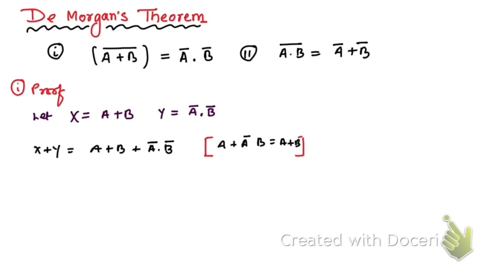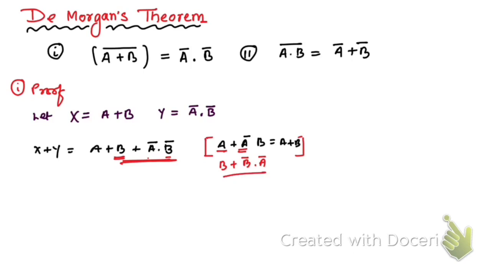So now compare this a and this b. Here a bar is b bar, and this b is this one here, you see. So you can write it this way, b plus b bar a bar.